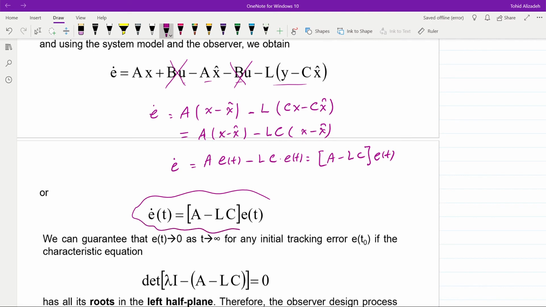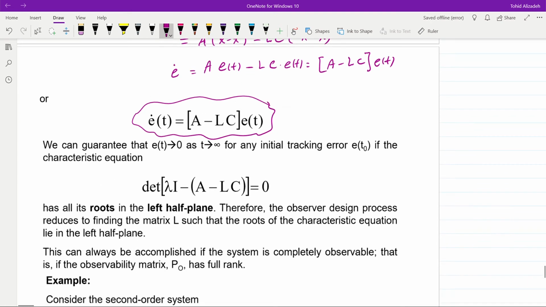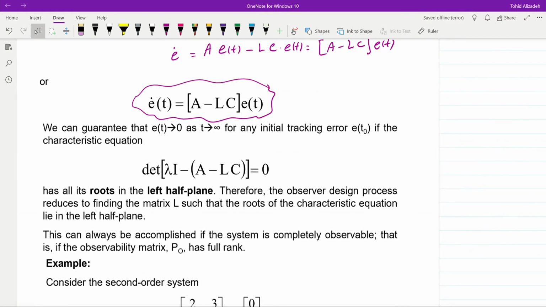And now for any initial value of the error, we can guarantee that the error will go towards 0 as t goes towards infinity if the characteristic equation that we get for this error system, which is obtained by finding the determinant of lambda I minus (A minus LC) equal to 0, gives us the poles of this error system with all of the roots in the left half plane.